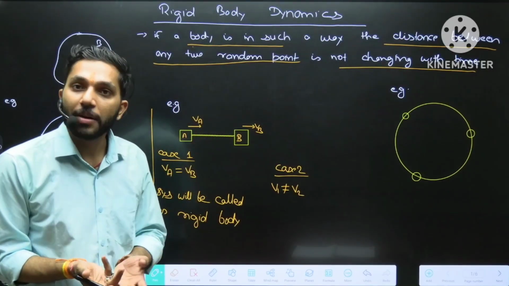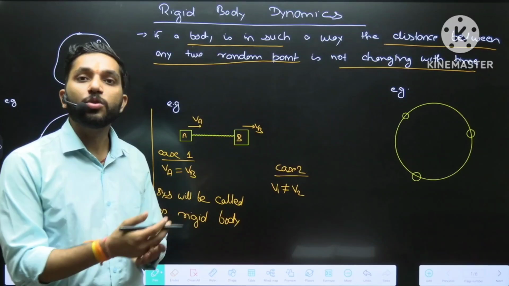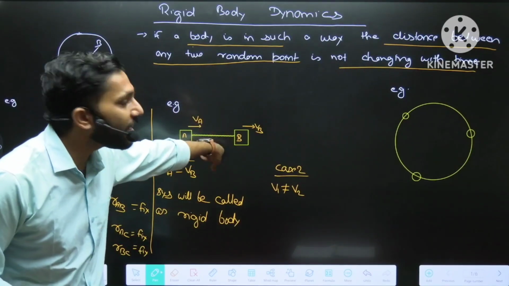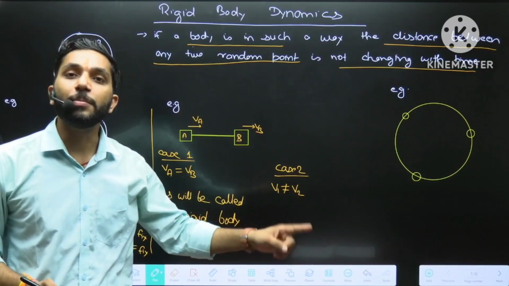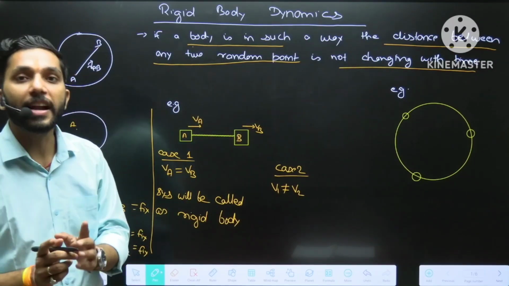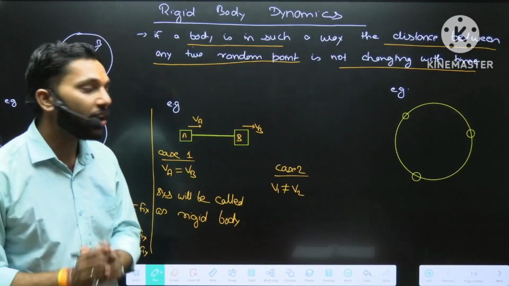In that case we cannot say this body is a rigid body. It means if the velocity of A is not equal to that of B, then with time their distance will change, and if the distance is changing, we cannot say this body is a rigid body.